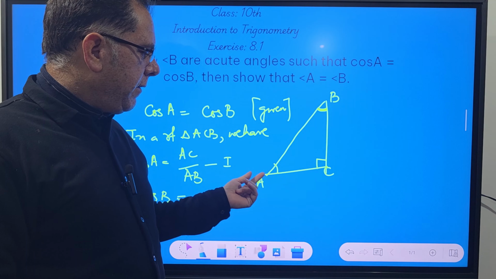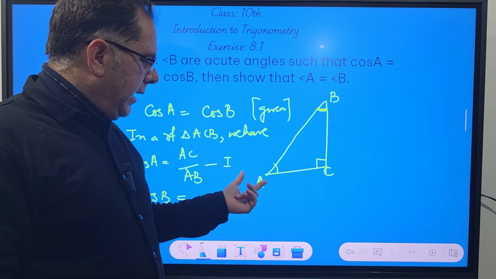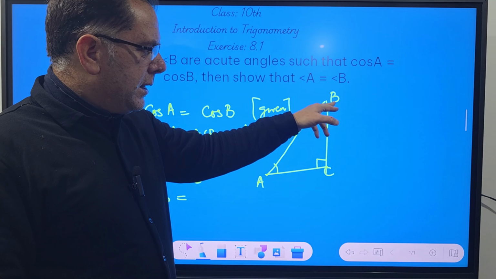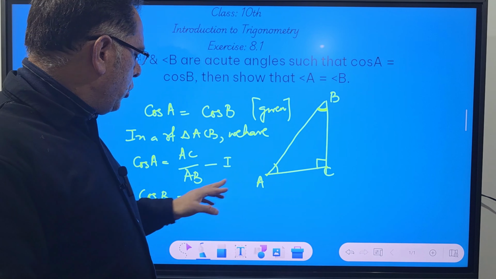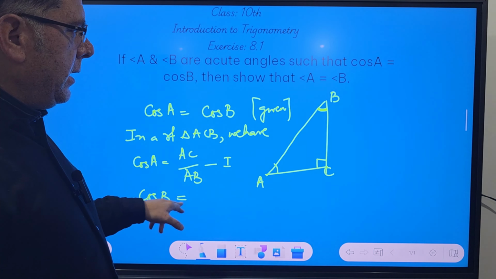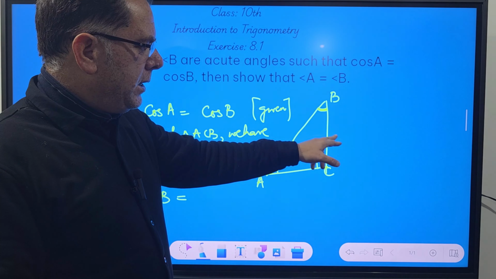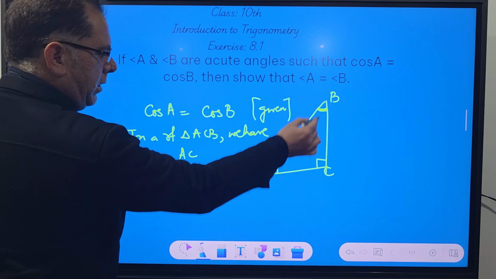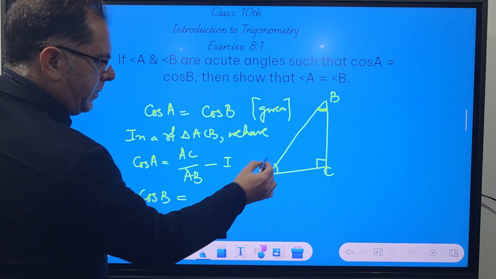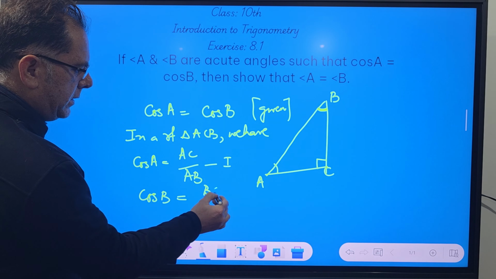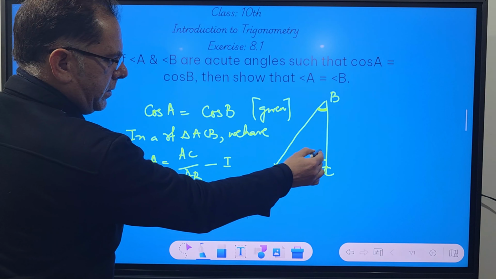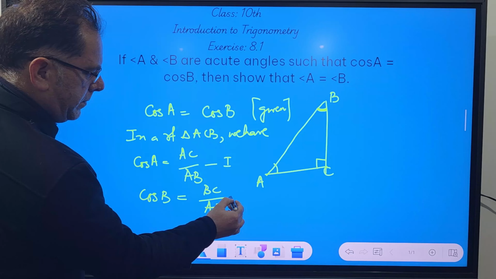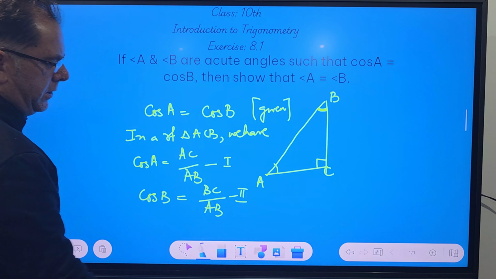If A is the angle, then this becomes the base and this is the hypotenuse. If this is the given angle in the ratio, then this becomes the base and this becomes the hypotenuse. So cos B will be equal to BC divided by AB. This is the second equation here.